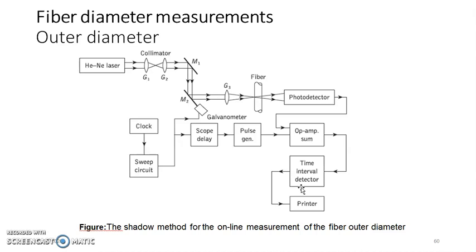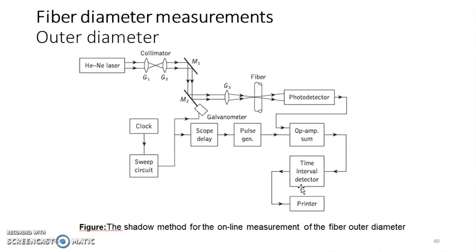Because of that velocity, we can consider an angular velocity, before and after, for this particular measurement. The laser beam is focused in a plane of the fiber by lens G3, and another lens is used. It is swept across the fiber by oscillating the mirror and is incident on the photo detector.